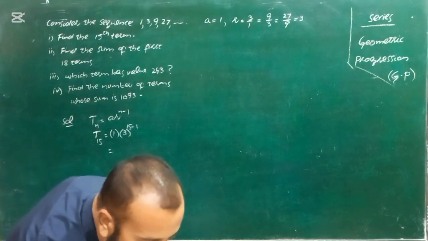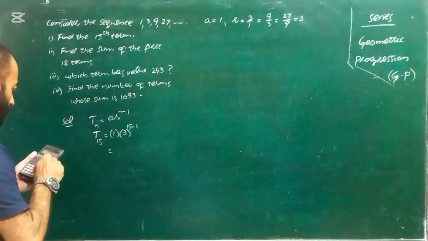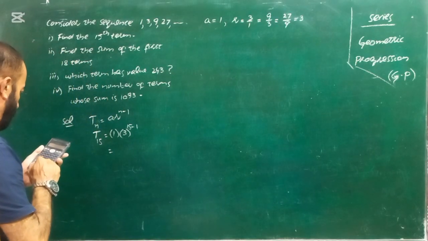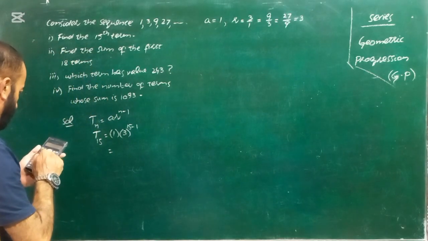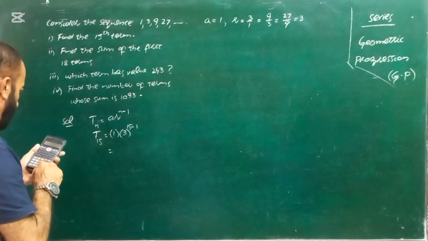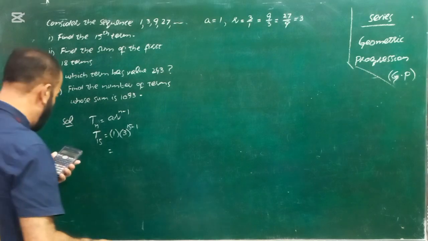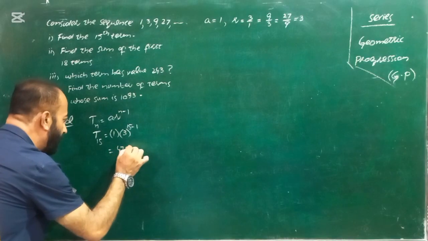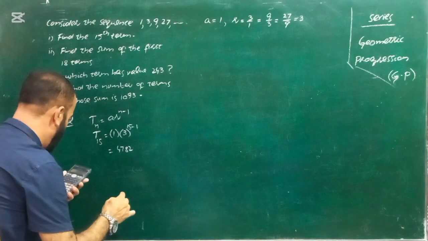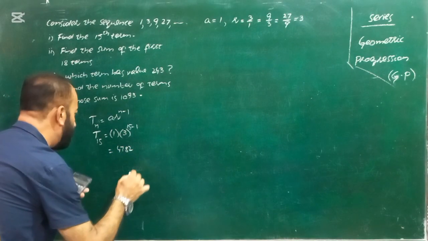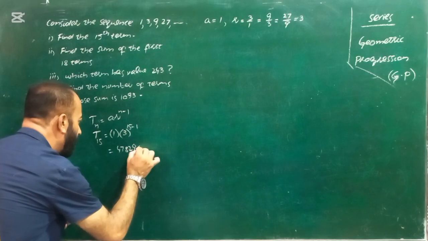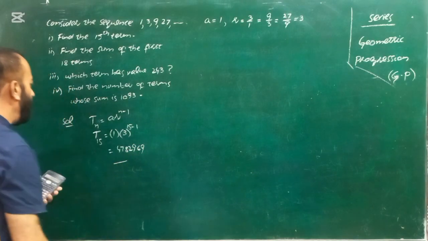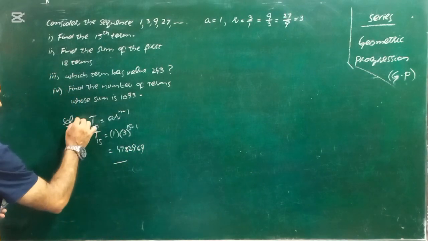So solving it on the calculator, 3 raised to power 14, the answer is 4782969. So this is the answer of the first part.